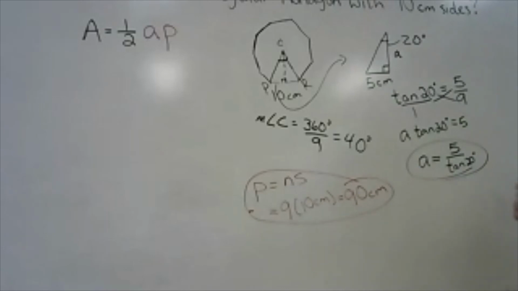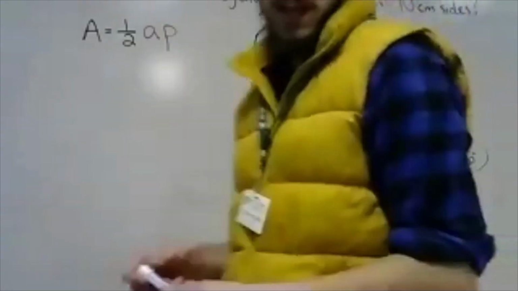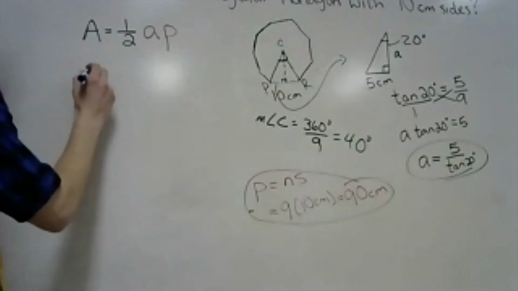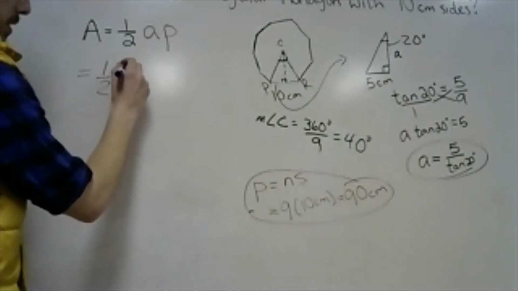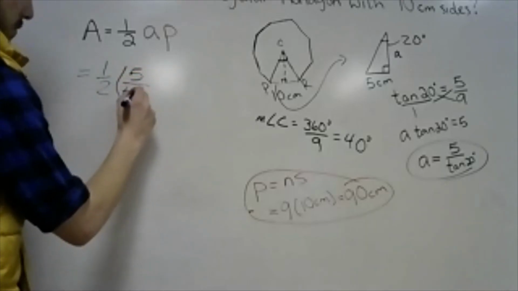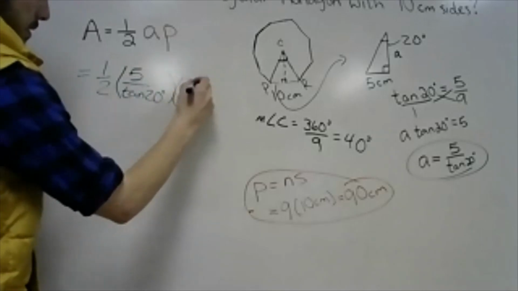So now we can just plug this into our area formula to find the area of this polygon. We have 1/2 times the apothem, which is 5 over tangent of 20 degrees, times 90.